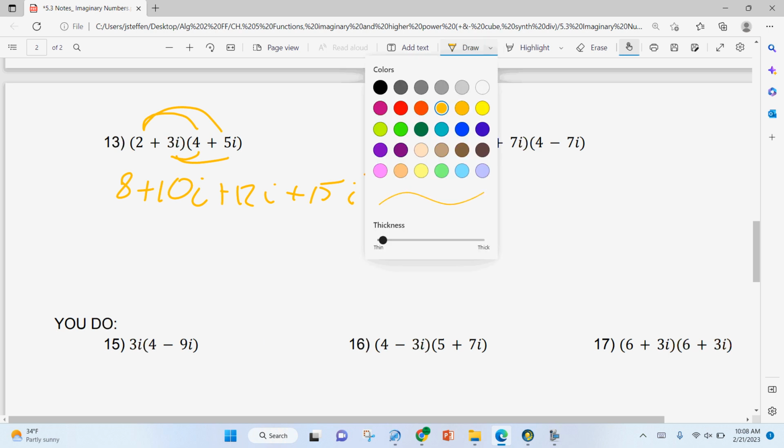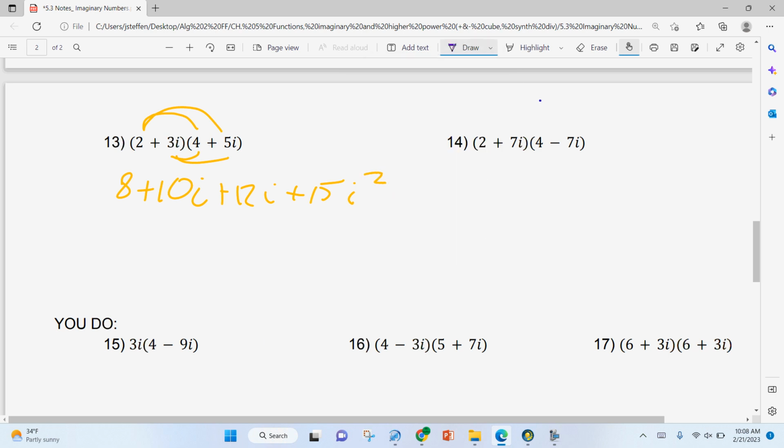So once you get that done, now I have to go through and clean things up a little bit. Biggest one, plus 15 times negative. And that's plus 22i and 8. So we have 8 plus 22i minus 15.